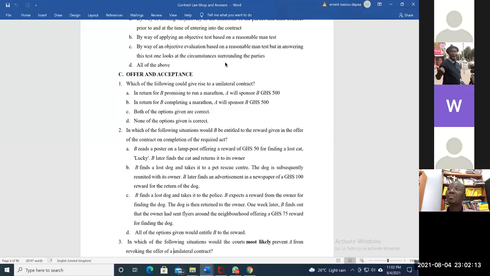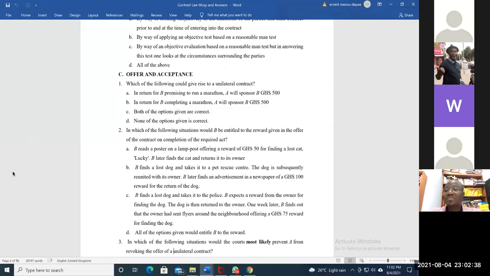The mere performance of the act of the offer. Yeah, Barrister, that is fine. What I don't like about your explanation is the onerous, which you added. That is what I don't agree with, but all the other things are fine. All right, thank you. So now, Namuli, yes.